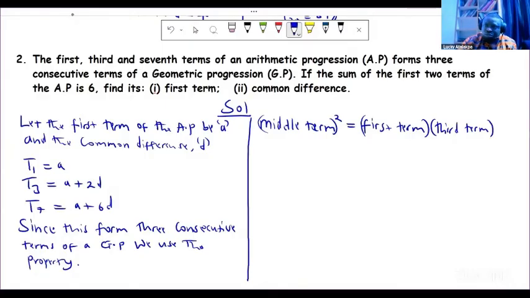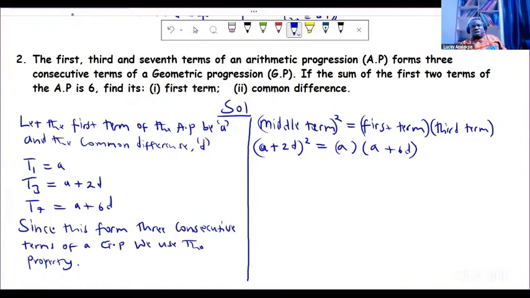A plus 2D. First term is A, and the last term is A plus 6D. That's the third term. So now, let's go. We're given first, third, and seventh term, right? So that's one way to go.